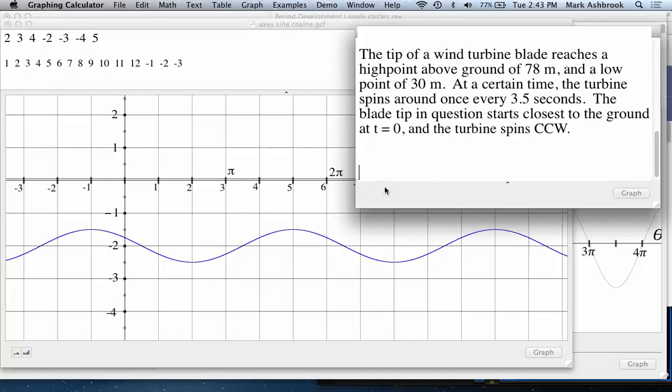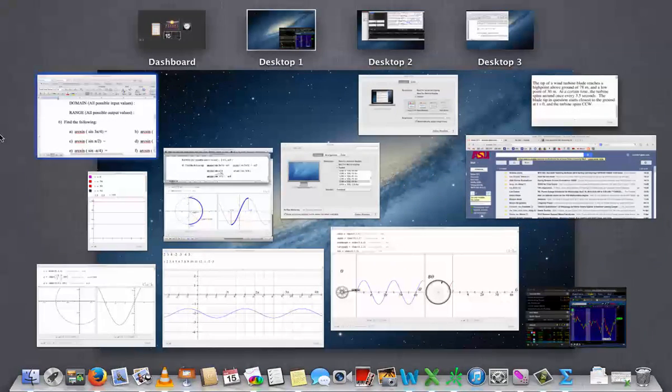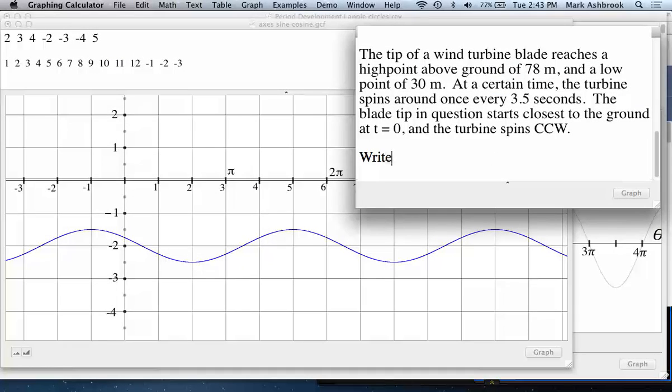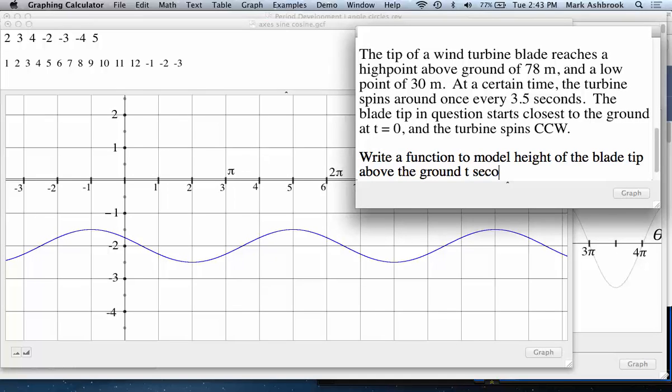So we want the height of the tip. Write a function to model the height of the blade tip above the ground t seconds after t equals 0.